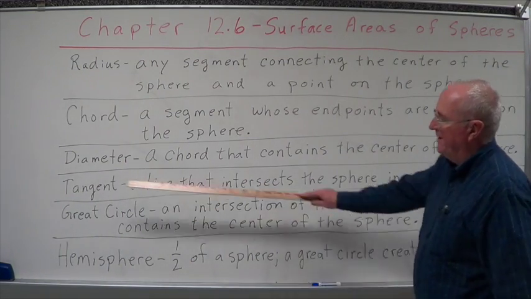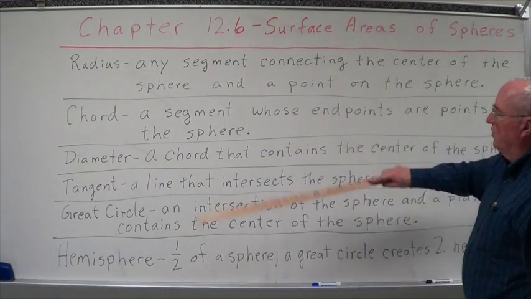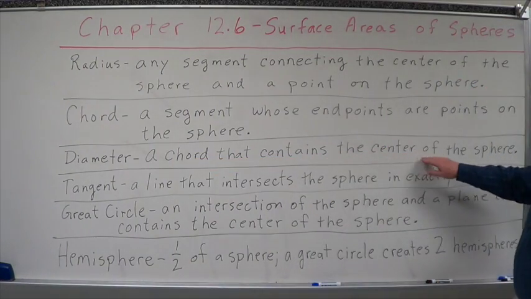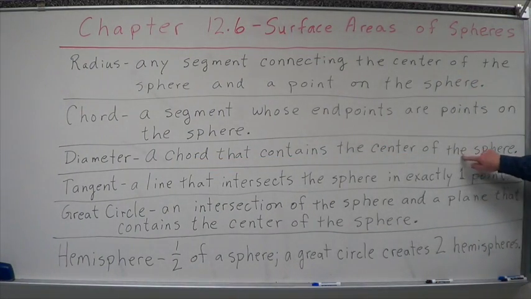Now, diameter is a special type of chord that contains the center of the sphere. Just like the diameter of a circle is a special chord that contains the center of the circle. The chord of a circle is any line segment whose endpoints are on the circle. Diameter of a circle is a chord that contains the center of the circle.